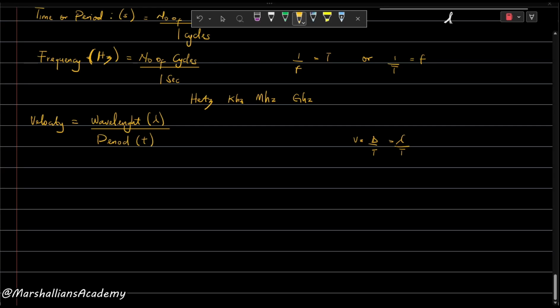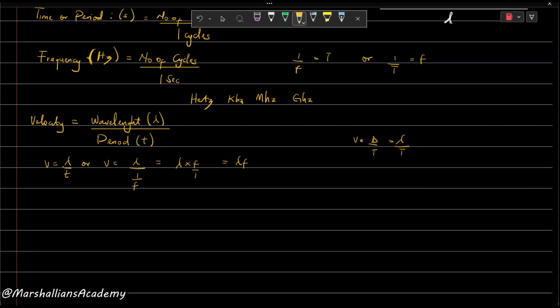We can establish a relationship from here that V is equals to lambda over T, or V is equals to lambda over, we recall that T is equals to 1 over F, so I could say lambda over 1 over F, which becomes lambda times F over 1, which is equals to lambda F.